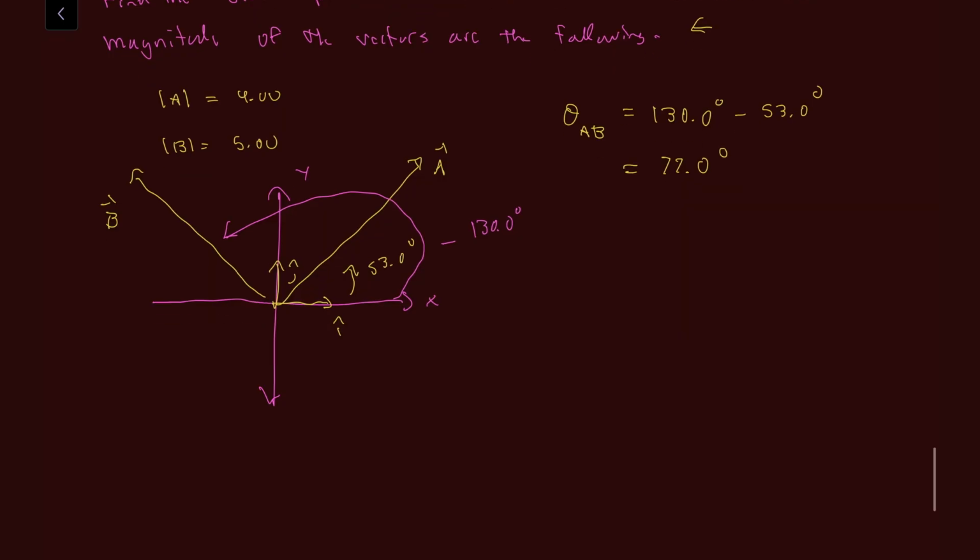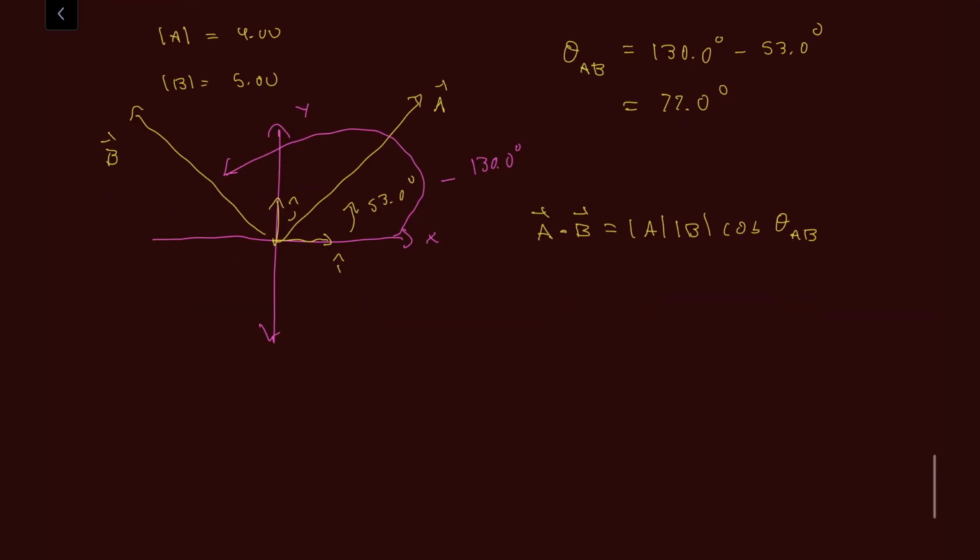There we go. So now it's really easy. Now we just pretty much plug our numbers into this formula. Since they gave us the magnitude, this is the easier formula to use rather than finding the components and then multiplying terms. So this is going to be 4.0 times 5.0 times cosine of 77.0. Let's just calculate that real quick.